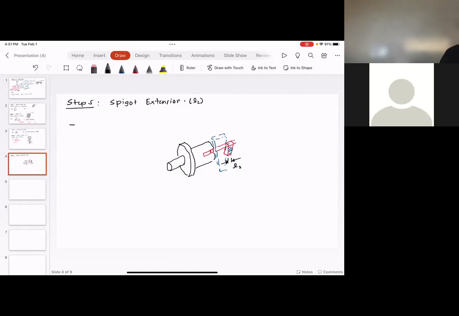So tau is equal to P divided by 2 times L2 times the diameter of the spigot.